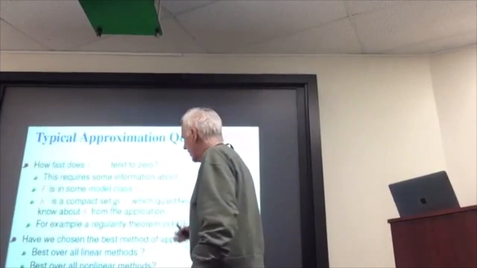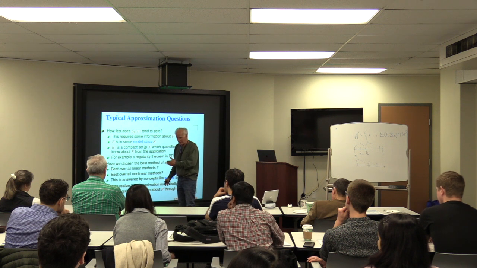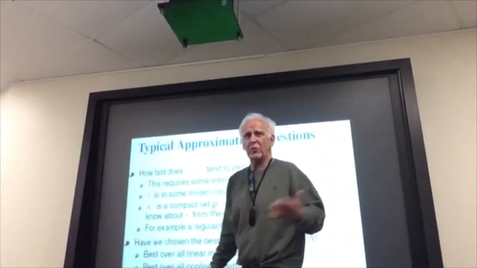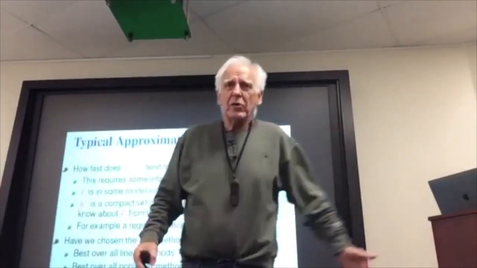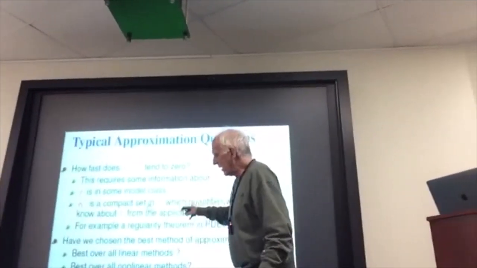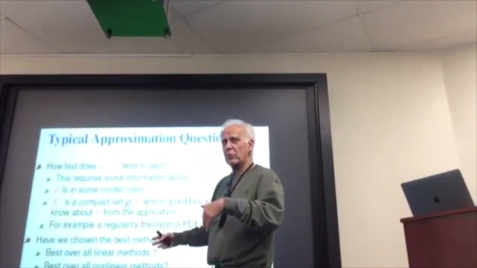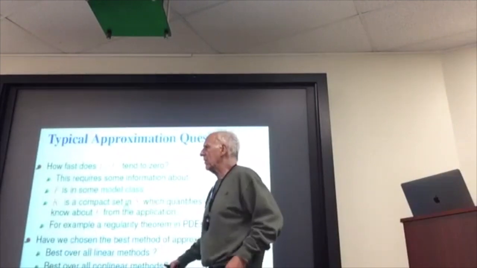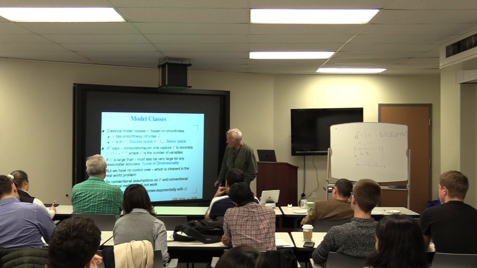Because what I'm talking about here is that you have full information about F to create your approximation. In reality, you may be only given data about F, and you don't get to choose more data. You're just given the data you have. So these concepts are formulated in the context of full information about F. We'll later talk about what we do when we do not have full information, when we only have data or the ability to query F.